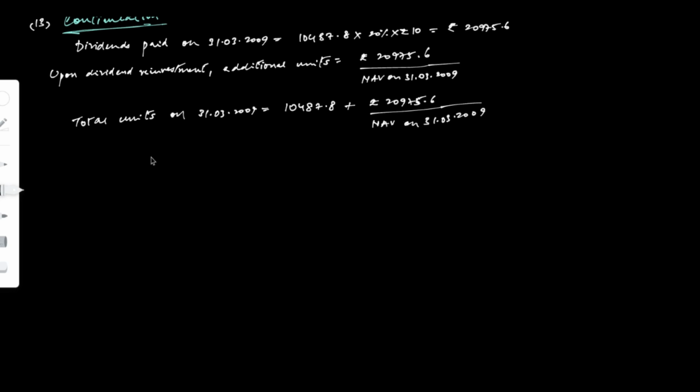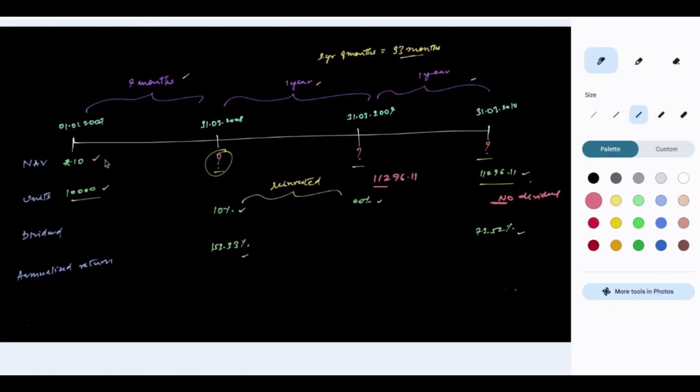So we have seen that total units on 31/3/2009 is nothing but total units on 31/3/2010, because there is no further dividend paid on 31/3/2010, right?